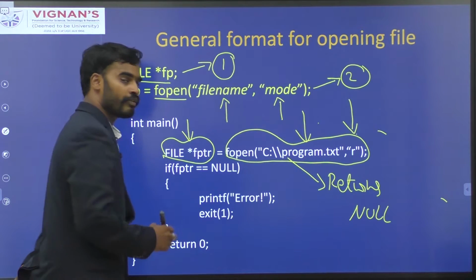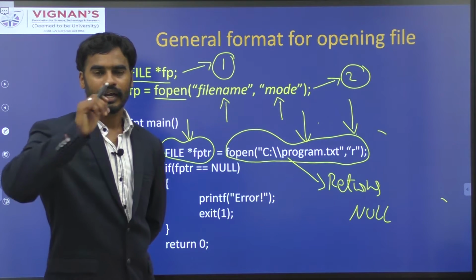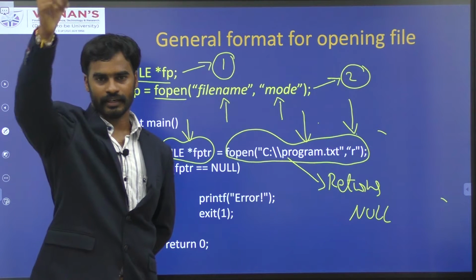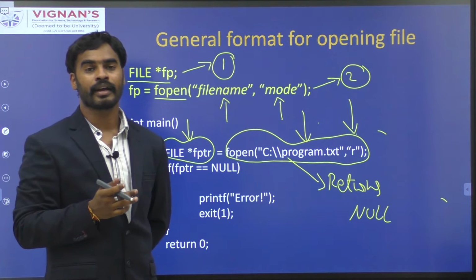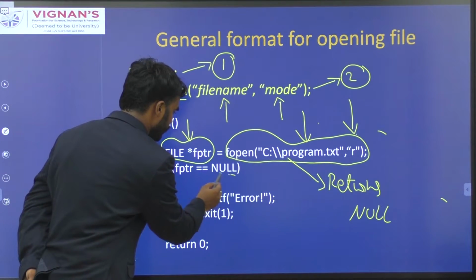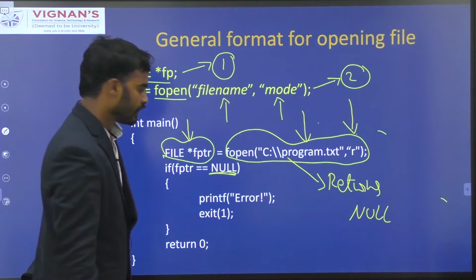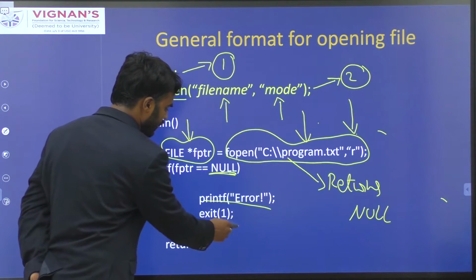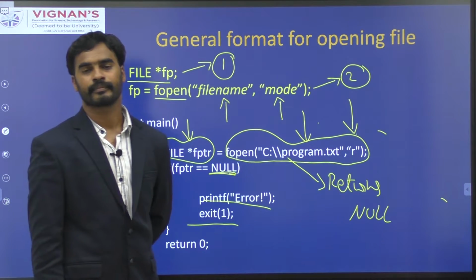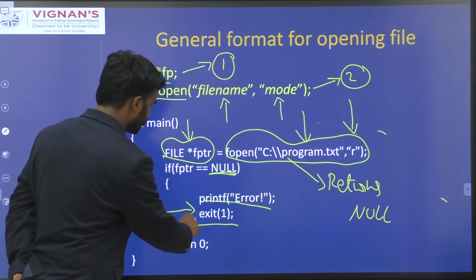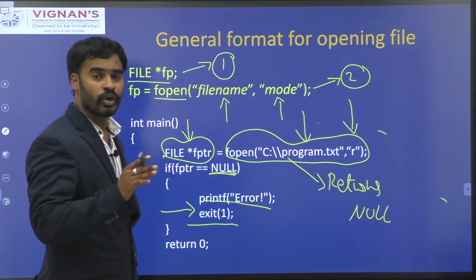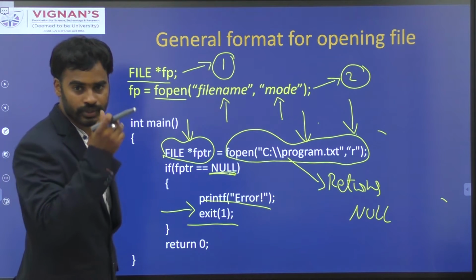If the file opens successfully, it returns a pointer to that file. If the file is not opened successfully, it returns null. If it is null, give an error message and exit from the program. This exit is a method to stop your program execution.